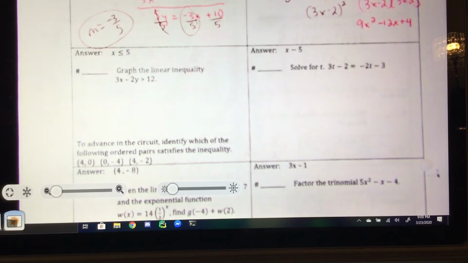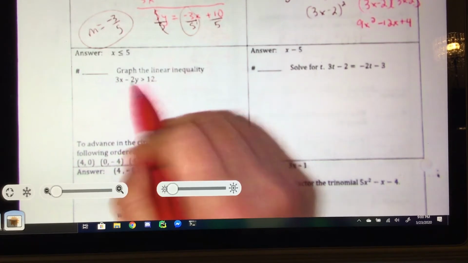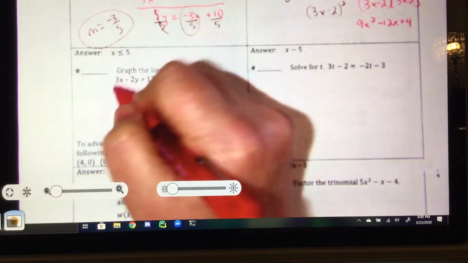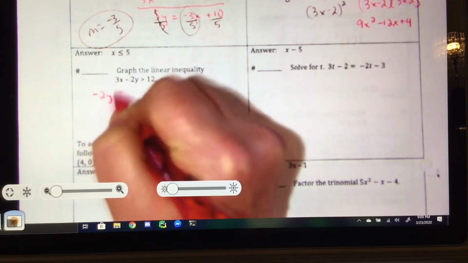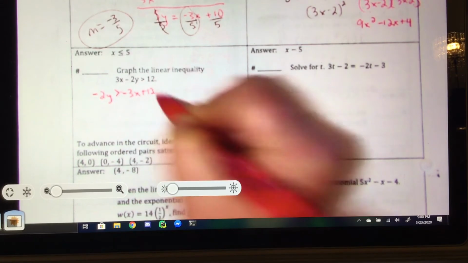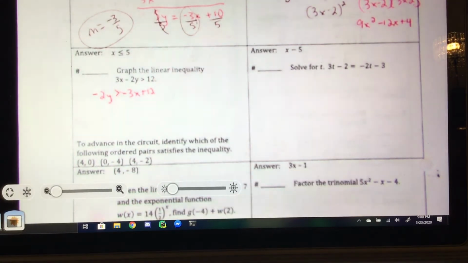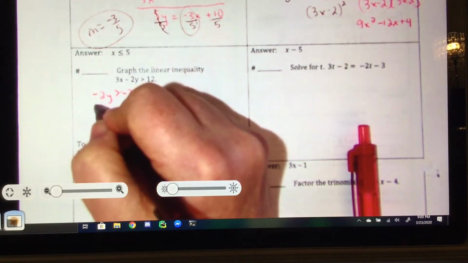Graph the linear inequality. Okay, again, I want to get y by itself. So I'm going to go ahead and subtract 3x from both sides. So if I subtract 3x from both sides, I'm going to get negative 2y is greater than negative 3x plus 12. Then I need to divide both sides by negative 2 all the way across.